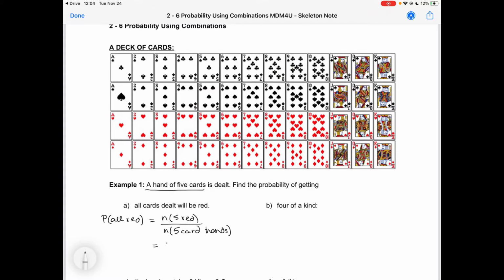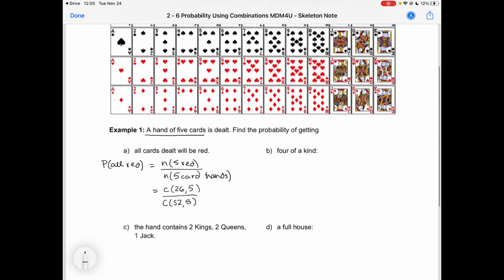So on top, we've got 26 red cards to choose from, and we're choosing 5. Order doesn't matter. Ace, 2, 3, 4, 5 is the same hand as 5, 4, 3, 2, and ace. And on the bottom, we're just choosing a 5 card hand, so 52 cards to choose from, and we're choosing 5 cards.